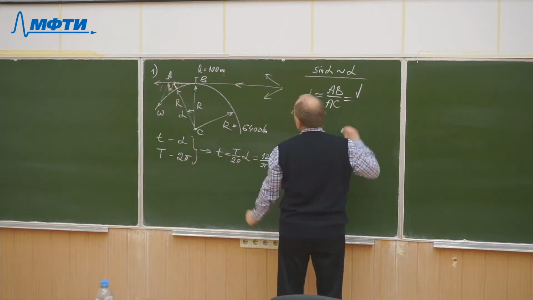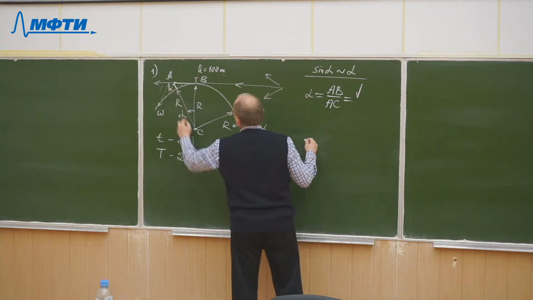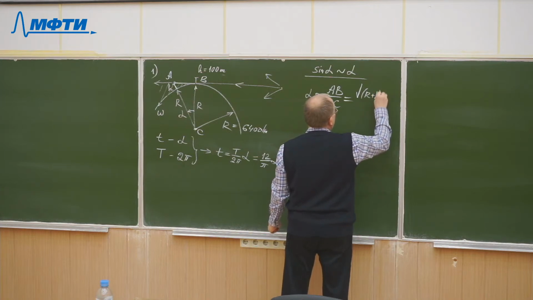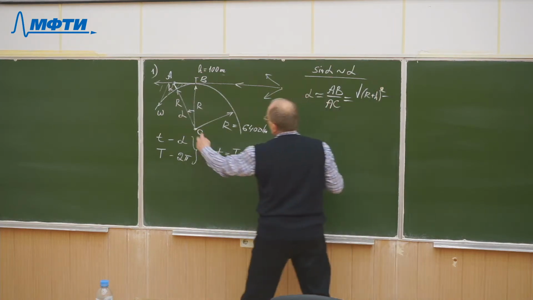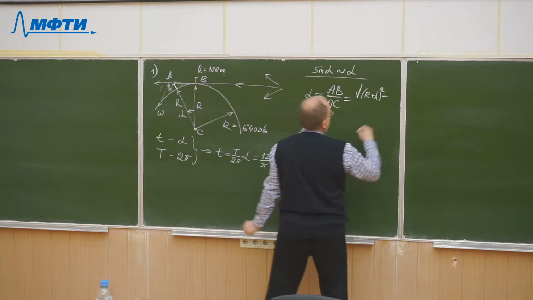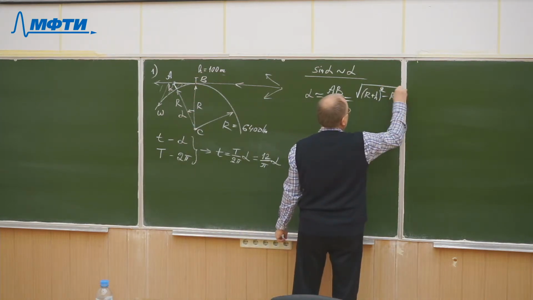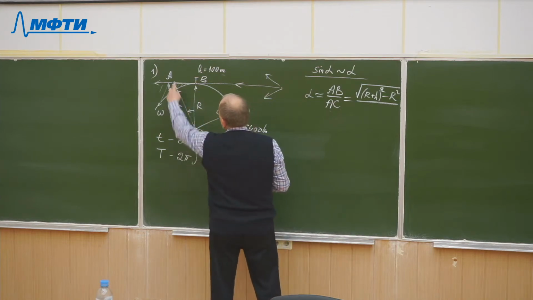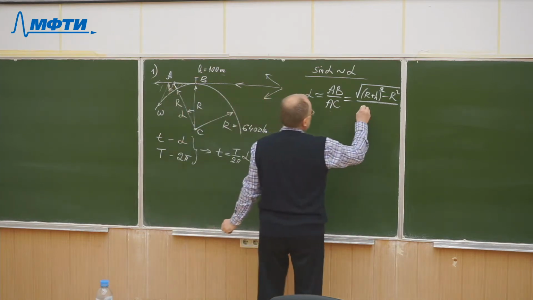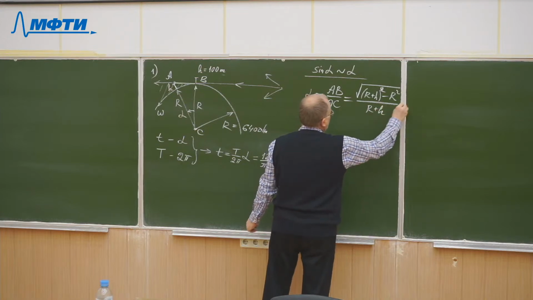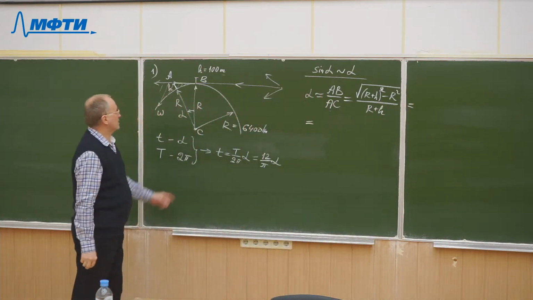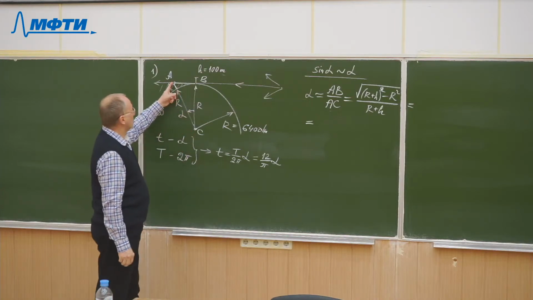AB will be equal to the square root of the length of this side squared, that is (r plus h) squared, minus the length of this leg squared, minus r squared. And AC equals r plus h. That is the Pythagorean theorem.